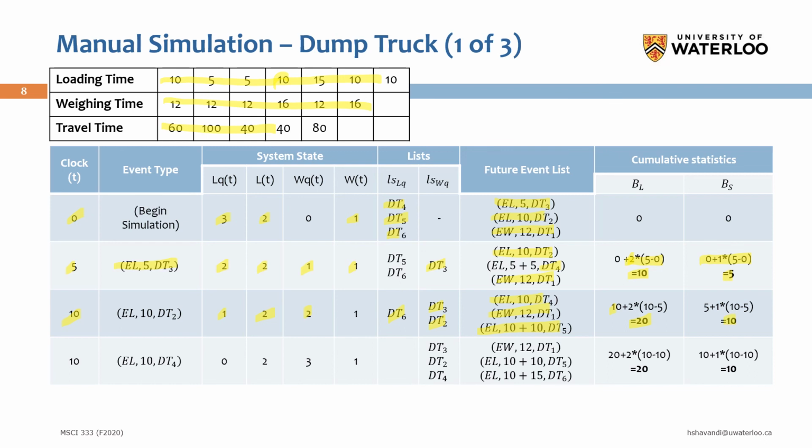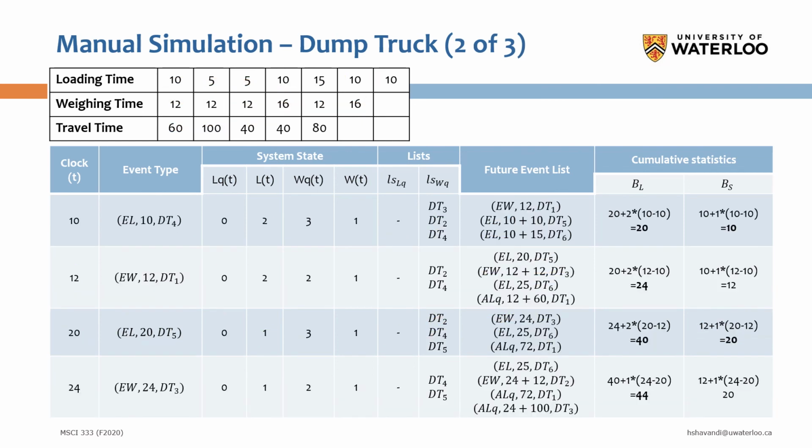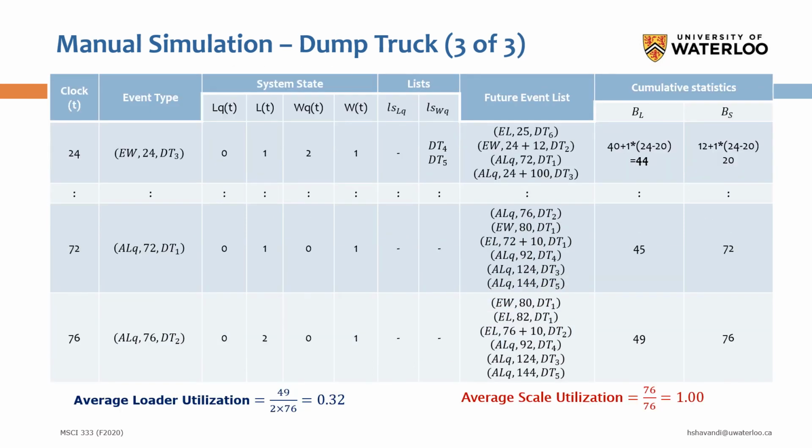Okay, so yeah, and in the same manner we continue simulating the system by hand for the rest of the times. So we go ahead and ahead, and at the end you see that the average loader utilization is this.